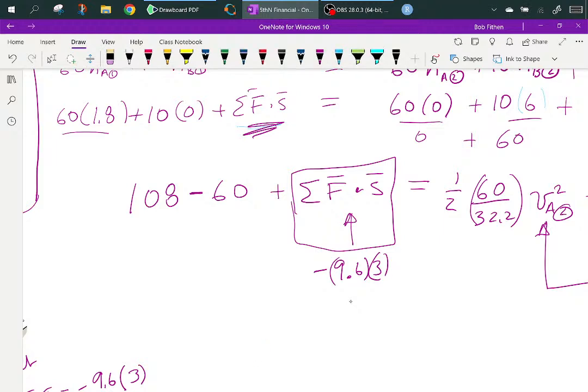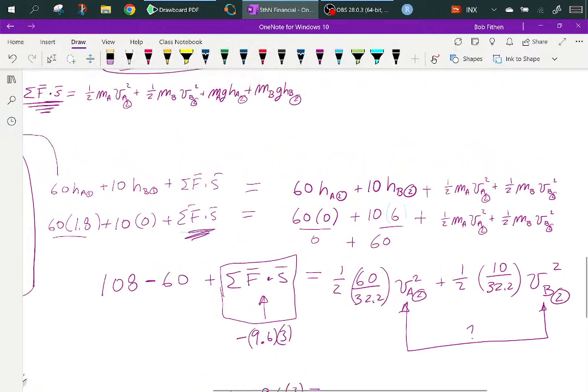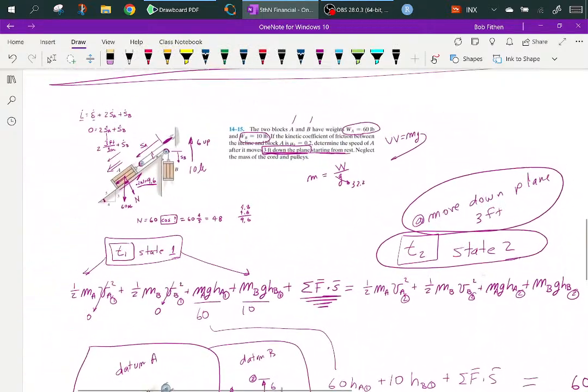So here, let's write all this down, because I'm going to use that to calculate it in a second. 9.6 times 3 equals. Okay, so I got all that. Now I got to figure out the relationship between VA and VB. But the second thing about this is they're squared. So if VA was negative or positive, it doesn't matter. It's just the magnitude of it. So I go back up here somewhere, right here.